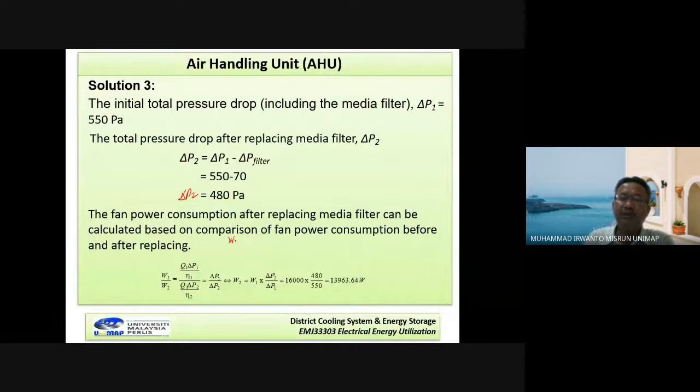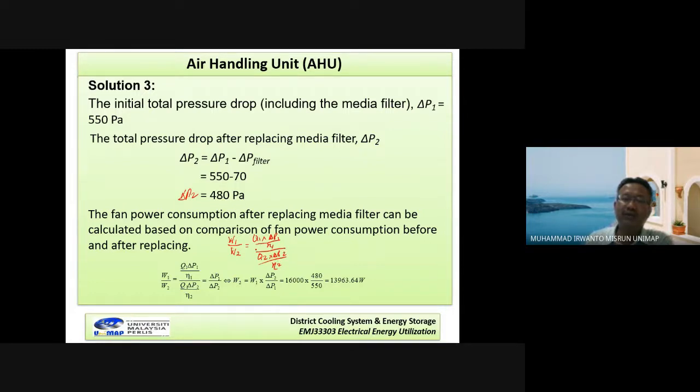Input power when we use the filter, divided by input power when we use the electronic air cleaner, is equal to Q1 multiply delta P1 over efficiency 1, divided by Q2 multiply delta P2 over efficiency 2.